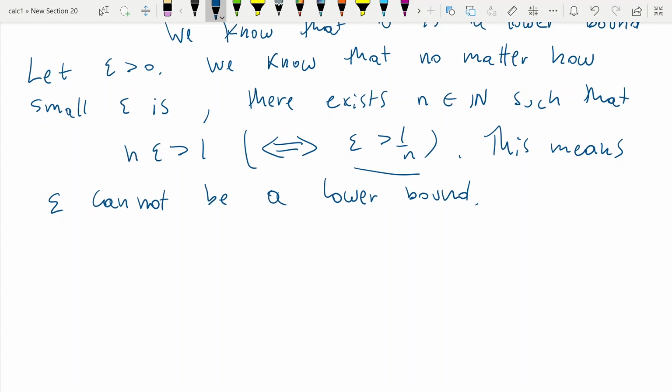So epsilon cannot be the greatest lower bound because it's not even a lower bound.